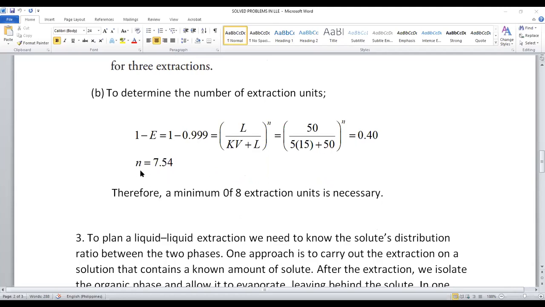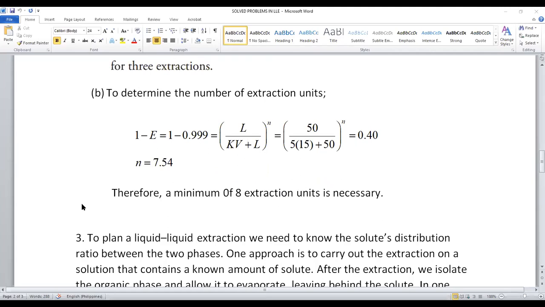Now, if N is equal to 7.44, your efficiency will be 0.9999. If it's just 7, it will not reach this. So to ensure that you will really achieve such separation efficiency, then you have to use 8 extraction units. Okay, so 8 is the answer. So here, we do not answer with a decimal; we answer the next higher whole number.